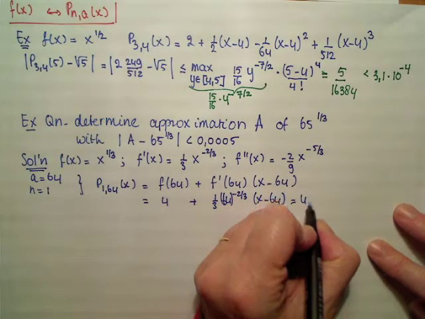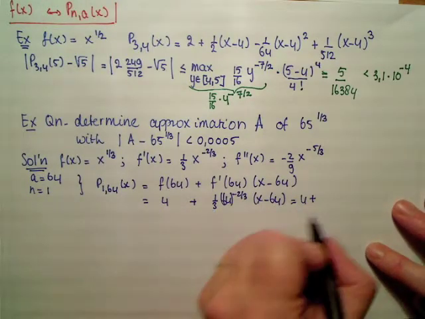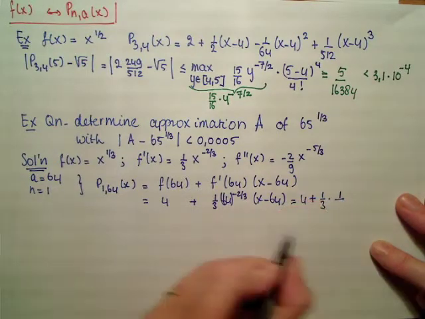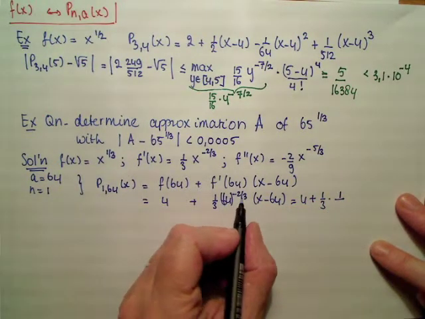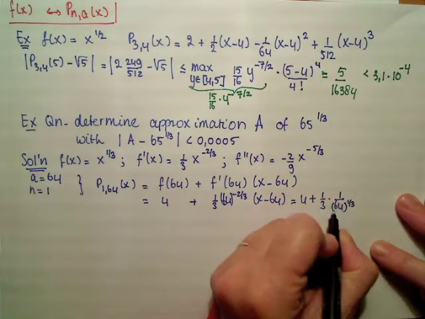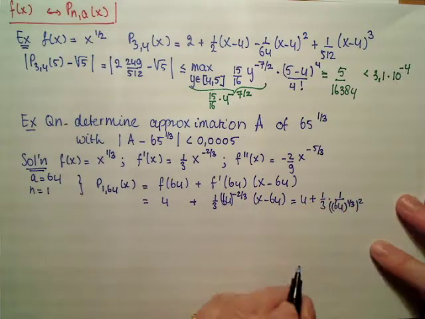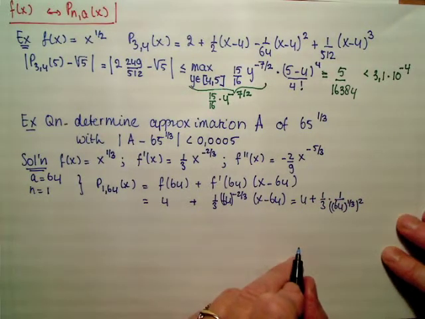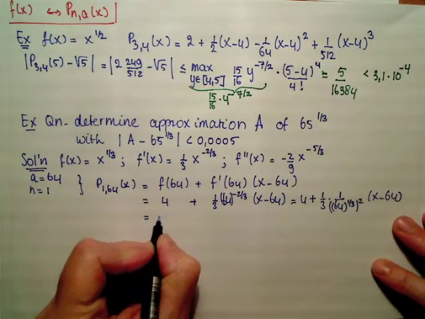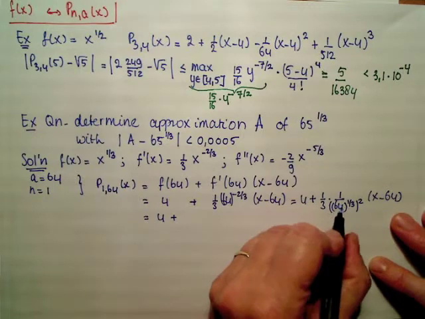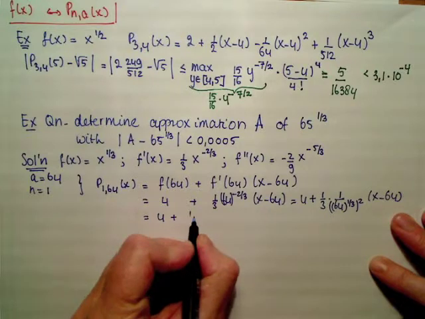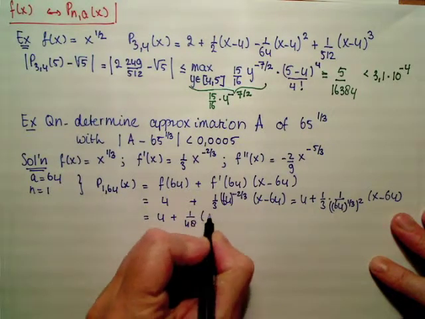This is equal to 1 over 3 multiplied by 1 divided by 64 to the power 2/3, and it is easiest to first raise 64 to the power 1/3 and then take the square. So 64 to the power 1/3 is 4, 4 squared is 16, and we get 4 plus 1 over 48 multiplied by x minus 64.